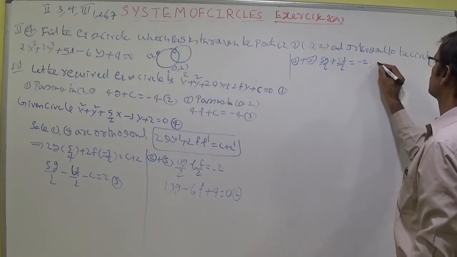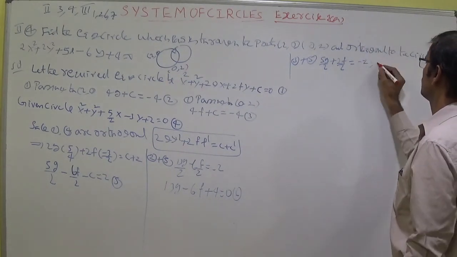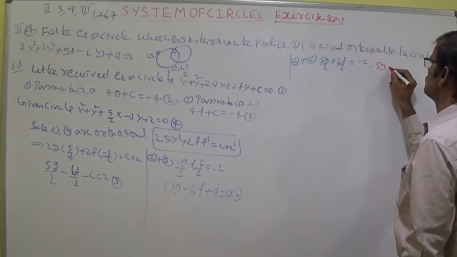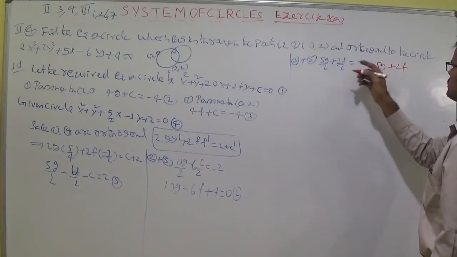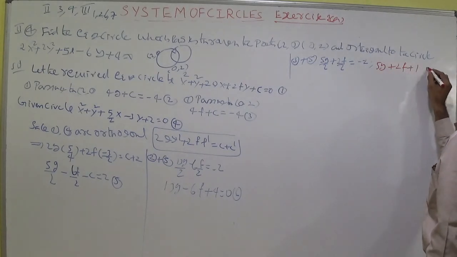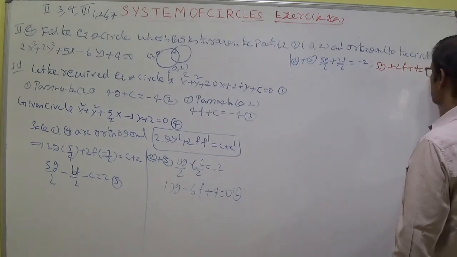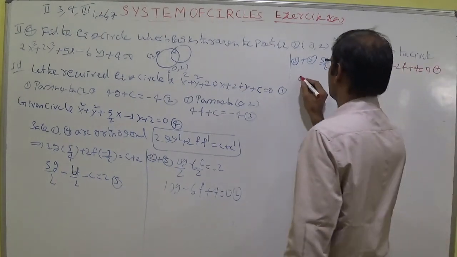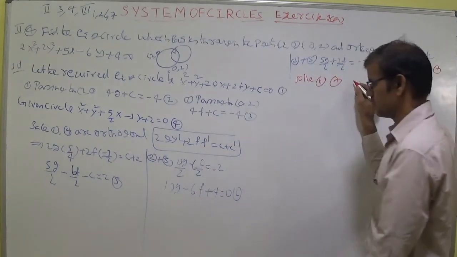Taking LCM, here we can write 5g plus 2f, this minus 2 taken this side plus 4 equal to 0. 5g plus 2f plus 4 equal to 0. This is the seventh equation.